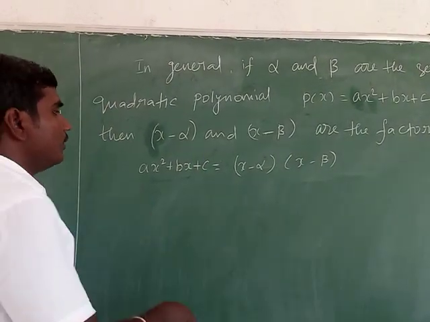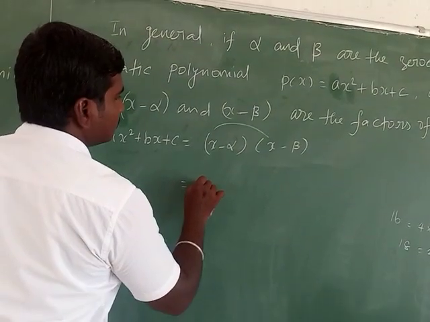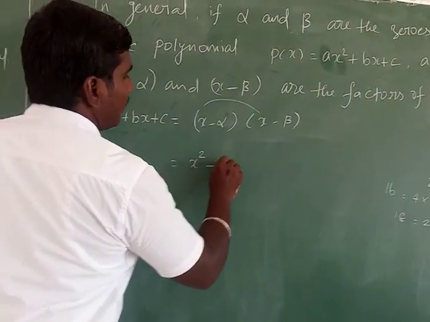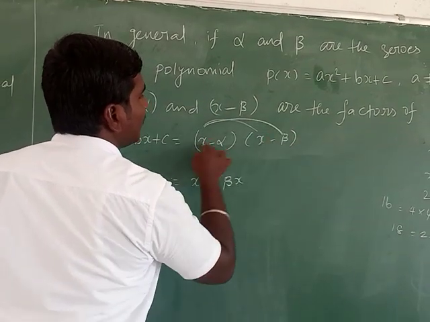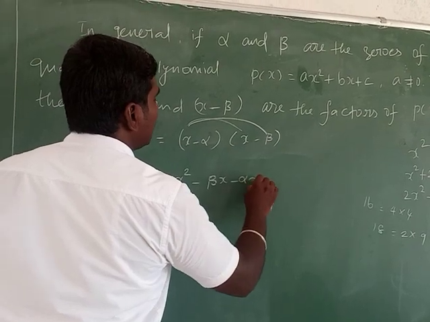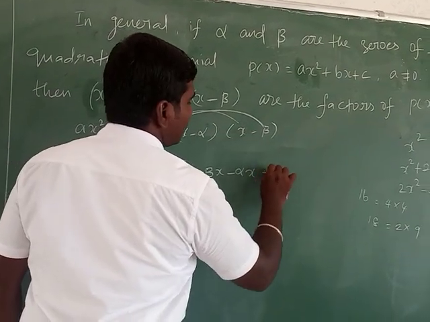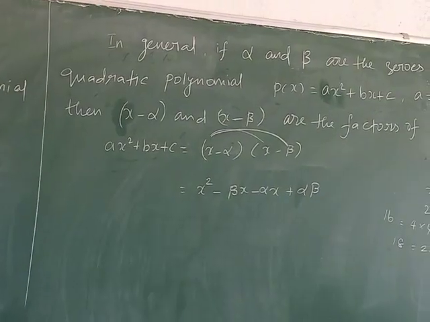Then take the product: x into x is x square, x into minus beta, alpha into x, minus alpha x, and minus into minus gives plus alpha beta.